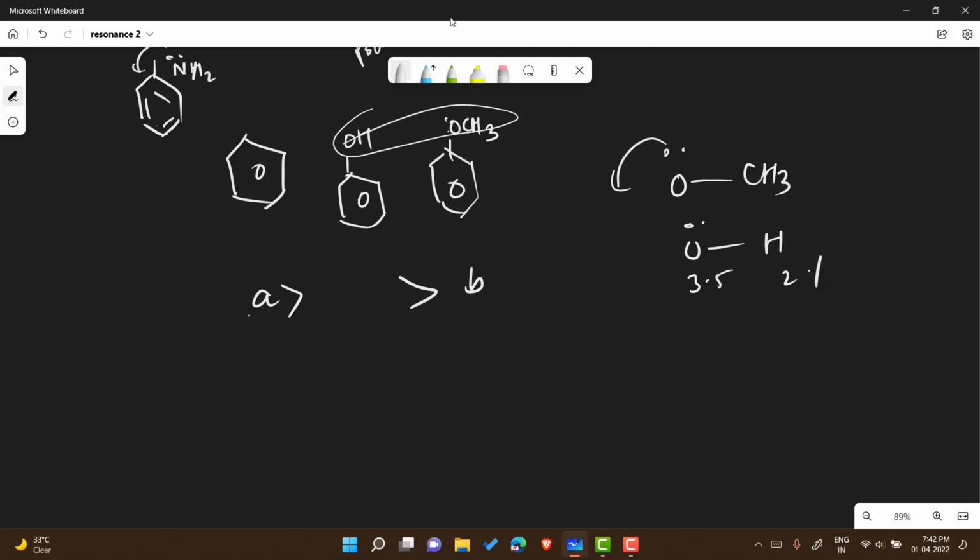Here the electronegativity difference will be higher, and here the electronegativity difference is lower. I'm giving you facts, but you can literally remember that carbon is more electronegative than hydrogen, right? So the electronegativity difference is lower, due to which the negative charge is not pulled as much toward oxygen. So this negative charge can easily disperse into our cycle. So C is more stable than D, okay.